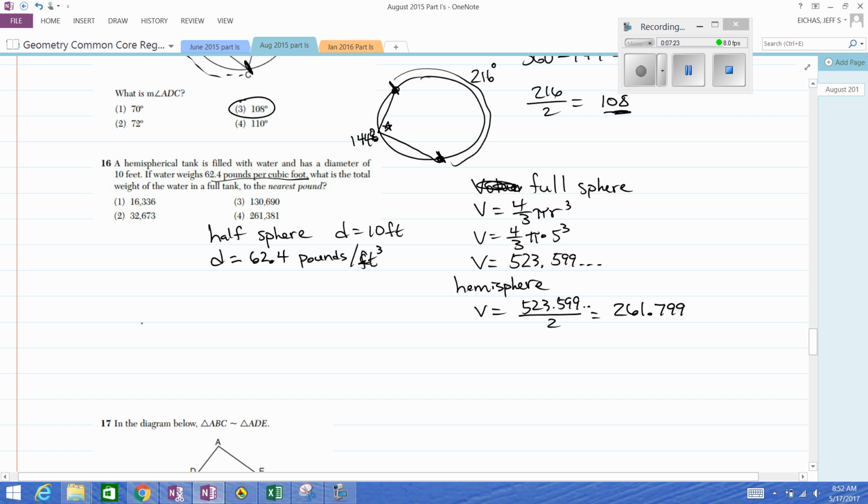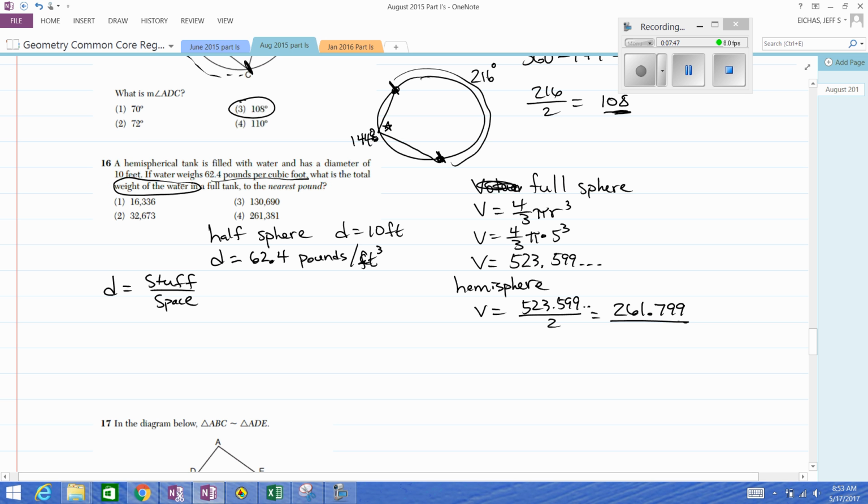Now density is stuff over space. What I like to teach my students is density is stuff over space. The stuff is the weight of the water, and the space is the volume.